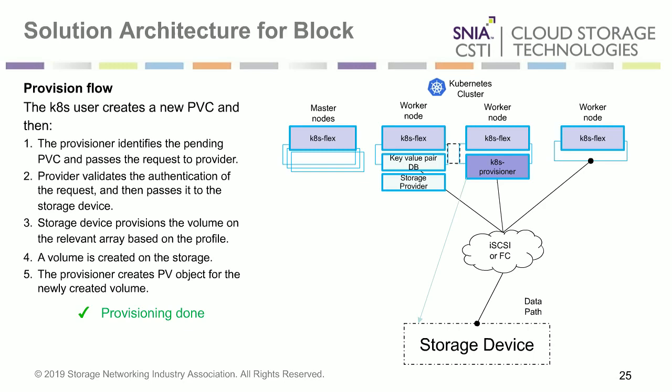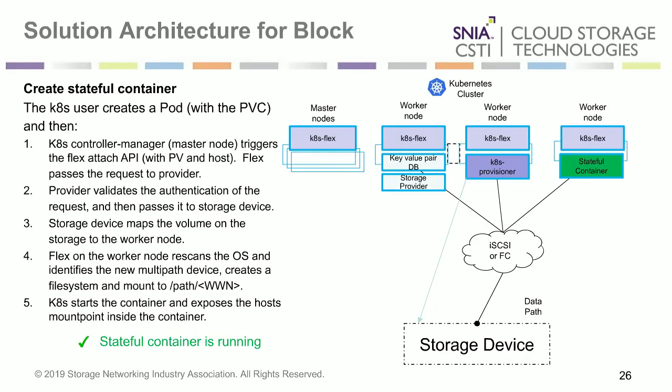So in the case of a block device, it would create a LUN, and that information would be passed back to the provisioner, and it would create the persistent volume object for that newly created device, and it would be bound to the persistent volume claim. So if you look at the details of a persistent volume, you'll see information about, like, the worldwide ID most likely, or some other information that is that storage object that Kubernetes knows about.